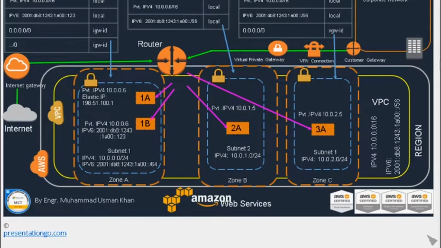And if we see the third route table, which is for the virtual gateway, the same route, 10.0.0.0/16 local. It means that these 3 subnets and these 3 availability zones communicate with each other due to the first route. Now let's jump into the second one.